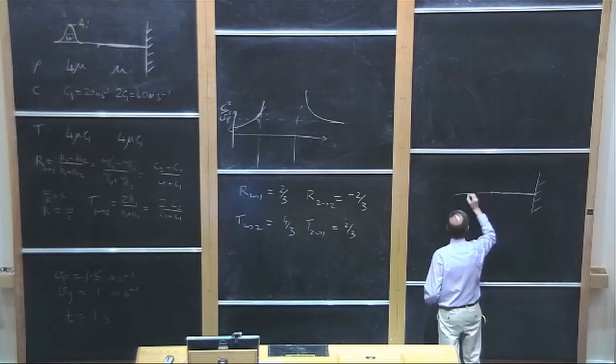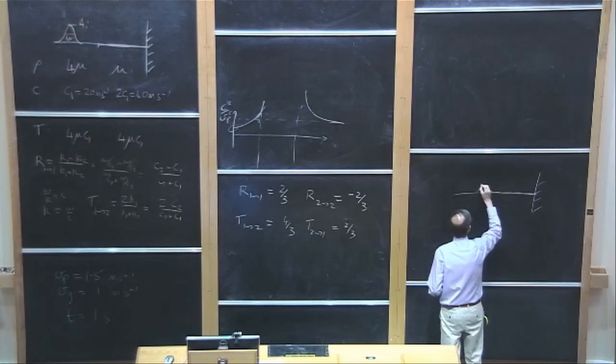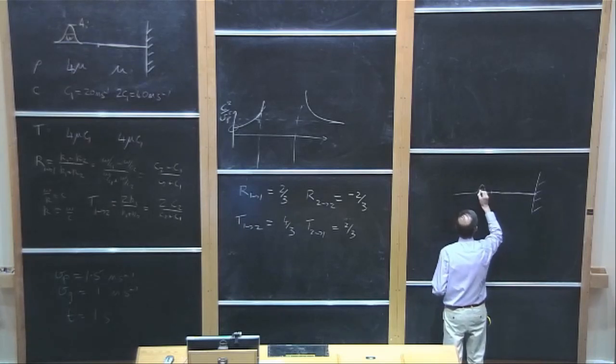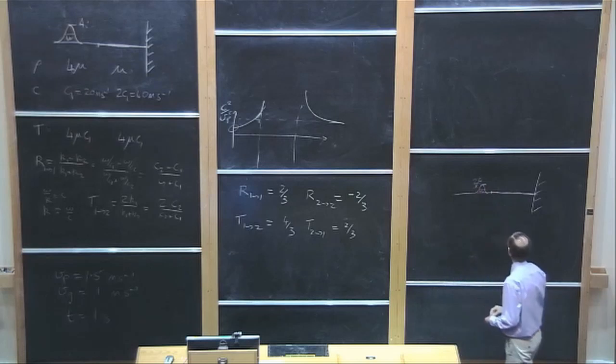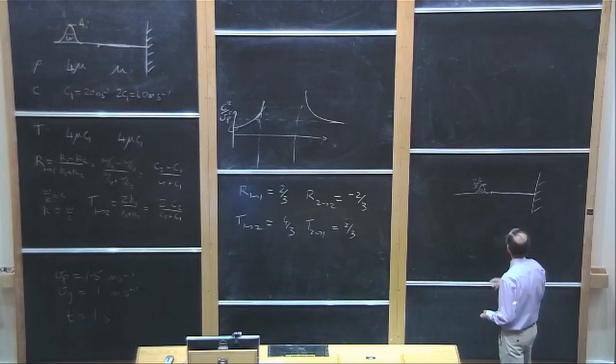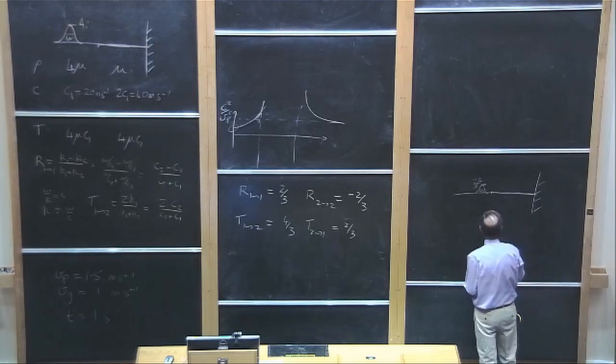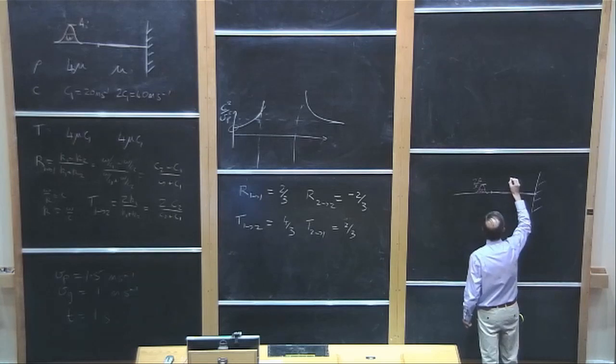So we get a reflected wave back here, identical, so it's still got width w, but the height now is only a over 3. Okay? And then we get a transmitted wave with a bigger height, interestingly. It's height 4/3, that's 4a over 3.